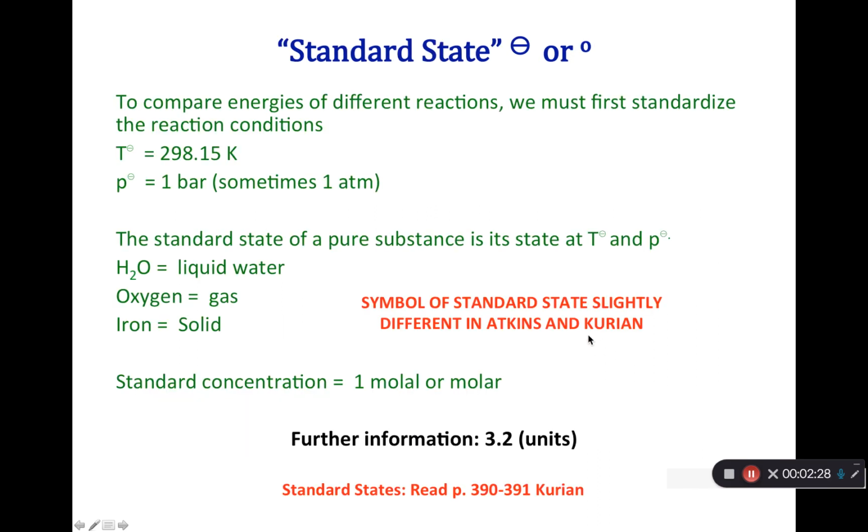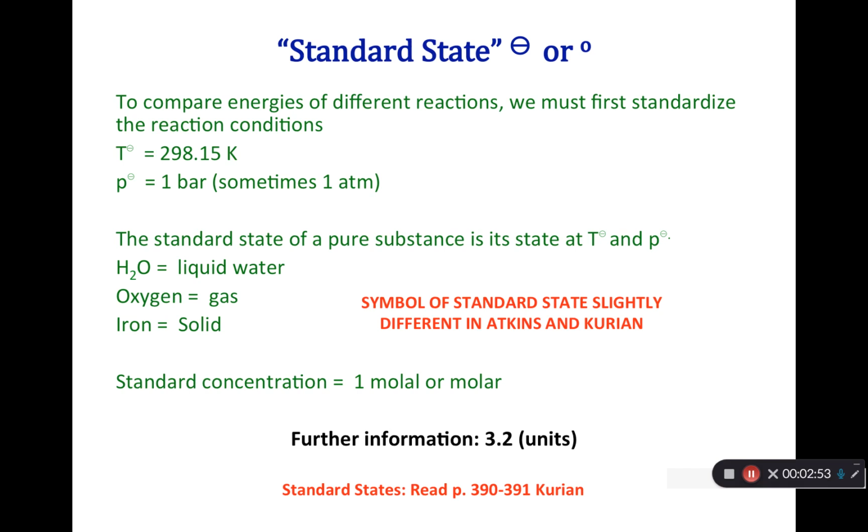But to stress more about standard states, to compare the free energies of different reactions, we must first standardize the reaction conditions. And the standard conditions are typically 1 bar pressure and the temperature of 298 Kelvin. The standard state of a substance is its physical state at standard temperature and pressure.